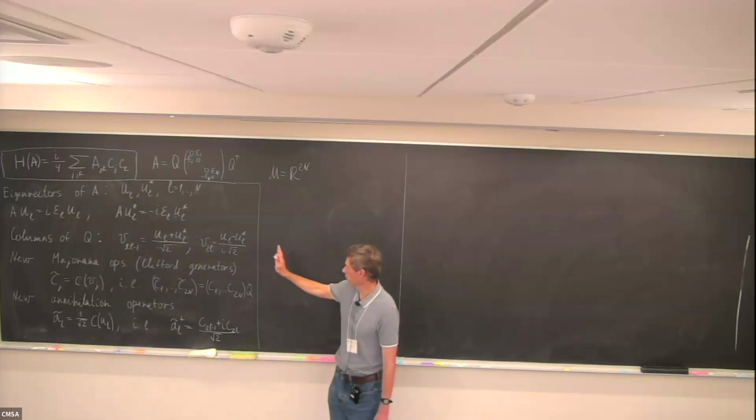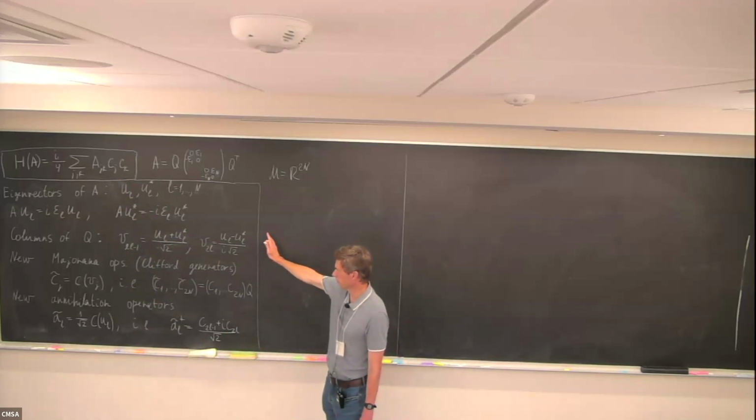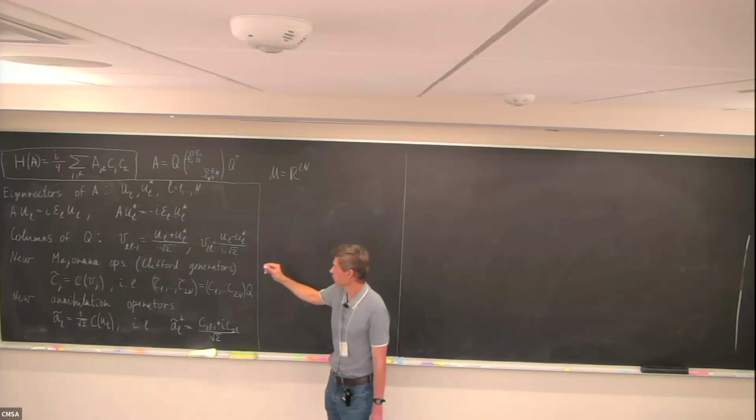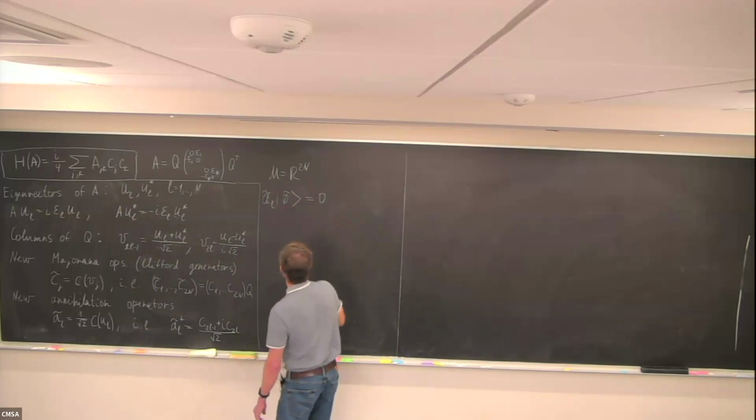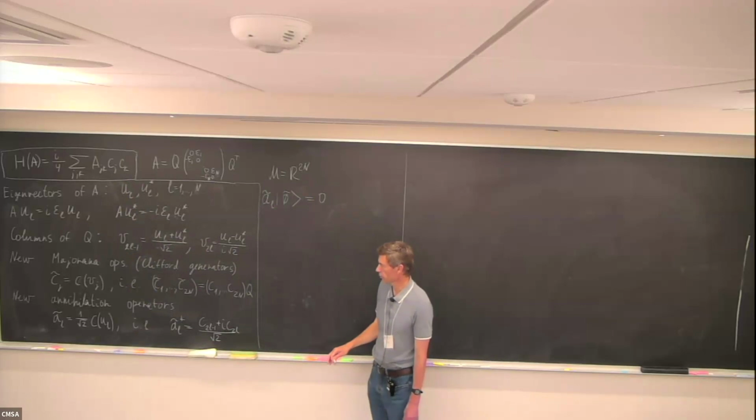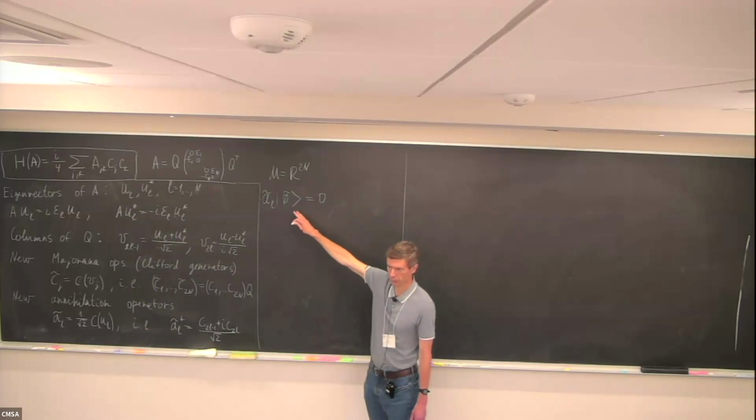What I mean by solving it, we need to find the eigenvalues and the eigenvectors. And the most important eigenvector is the vacuum. It is characterized by the condition like this. All annihilation operators annihilate the new vacuum.